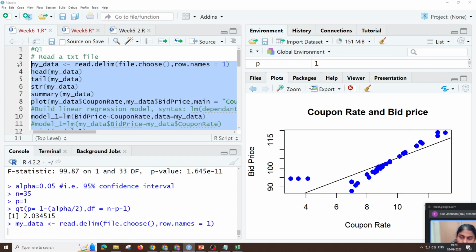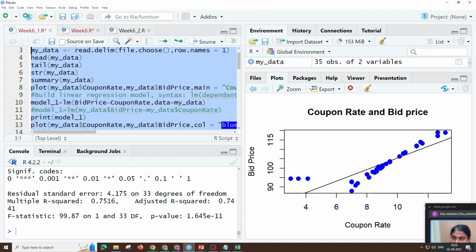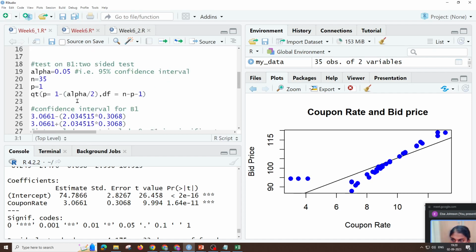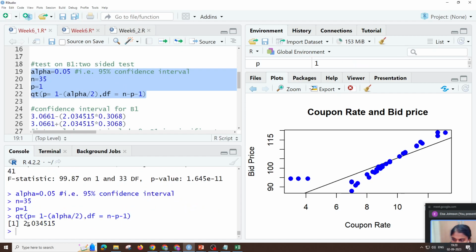So again, right now you can see intercept and coupon rate. That extra thing has come because I have assigned it 2 times.